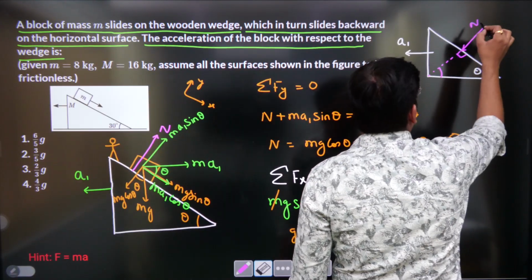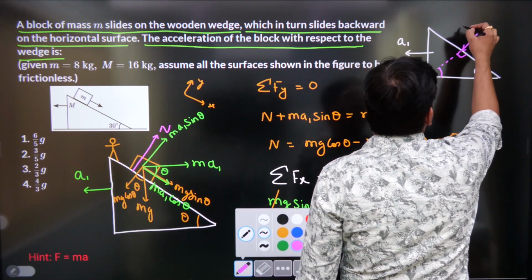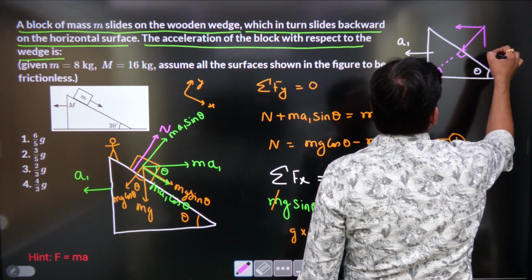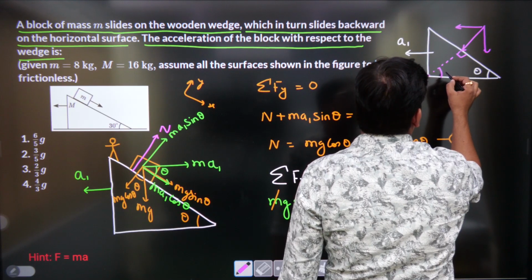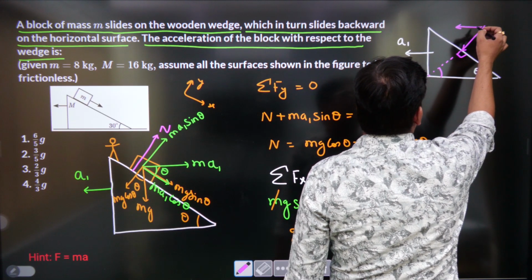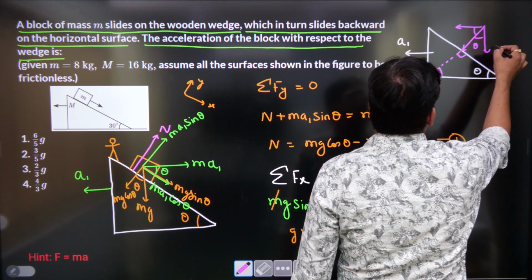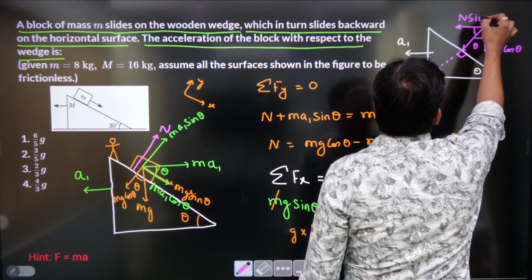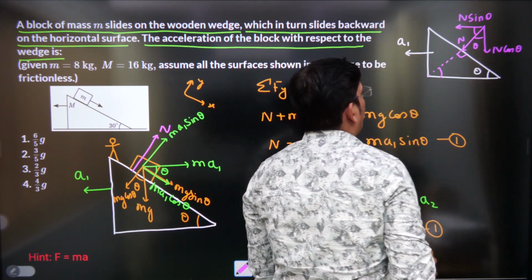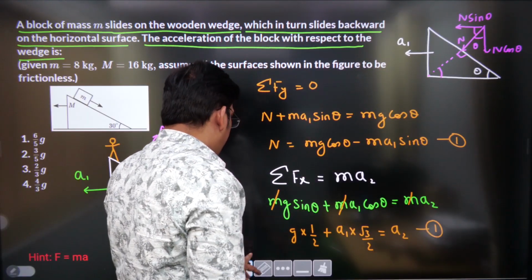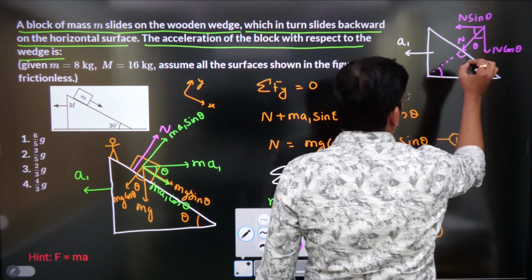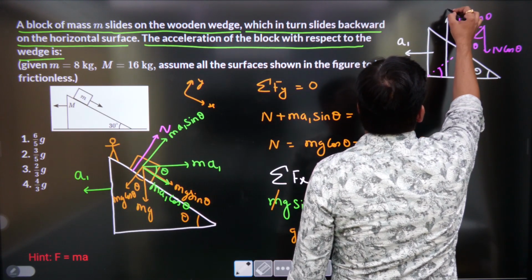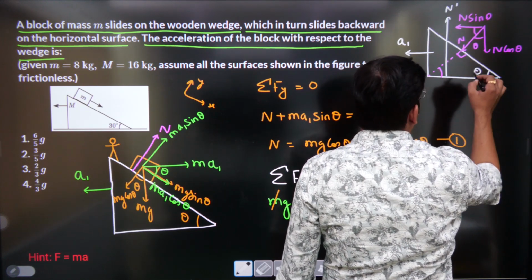So if we take the components of normal reaction here, this is 90 minus theta, this would also be 90 minus theta, this would be theta, dear students. So this would be n cos theta, and this would be n sin theta. This is n. For the inclined plane, this n cos theta would be balanced by the normal reaction provided by the table.